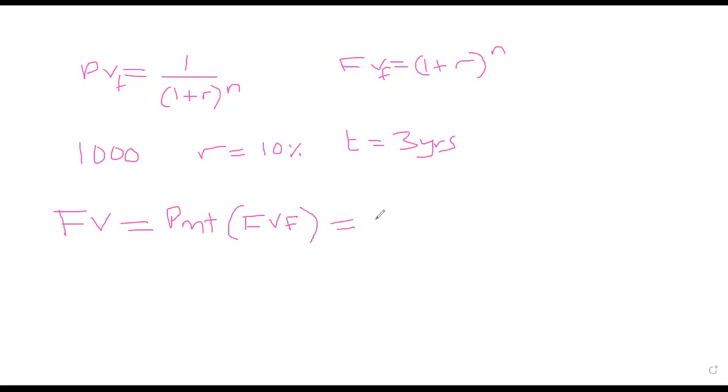We have 1,000 as our payment, and the future value factor is 1 plus r to the power time. So if our interest rate is 10%, I'm going to multiply this 1,000 by 1.10 to the power 3.